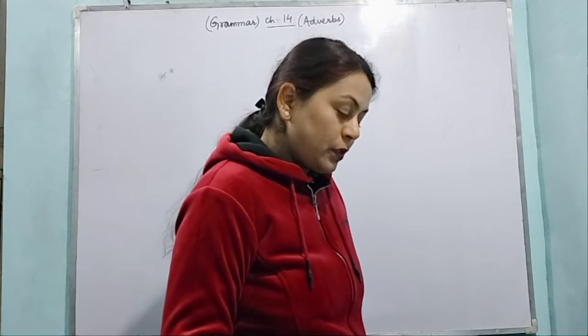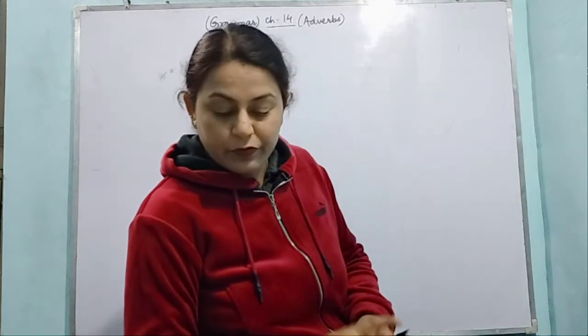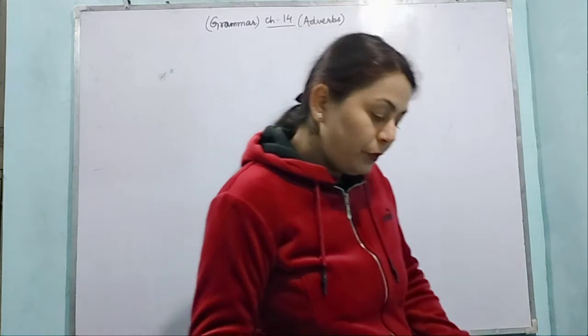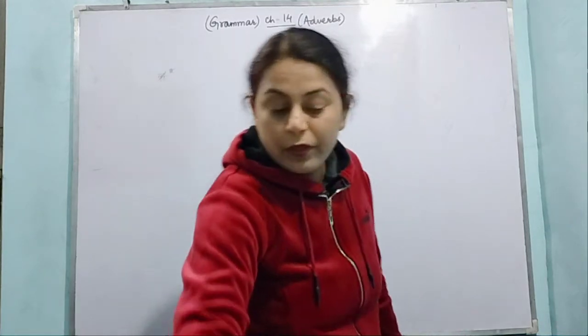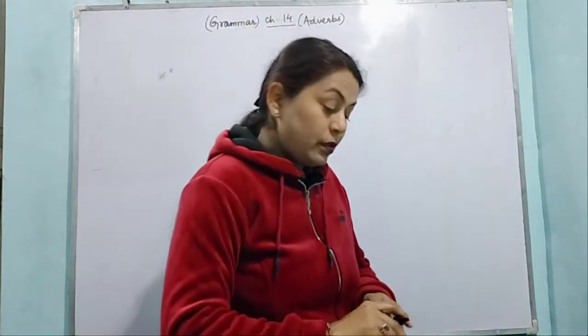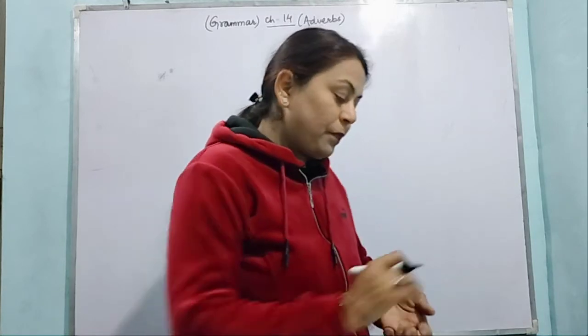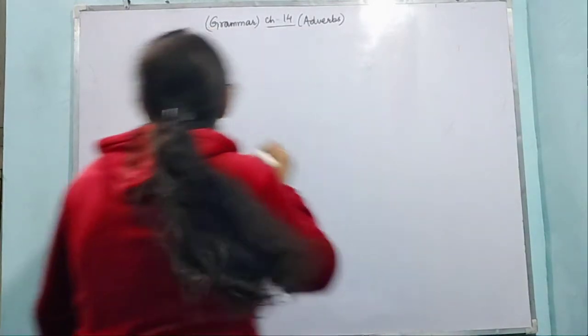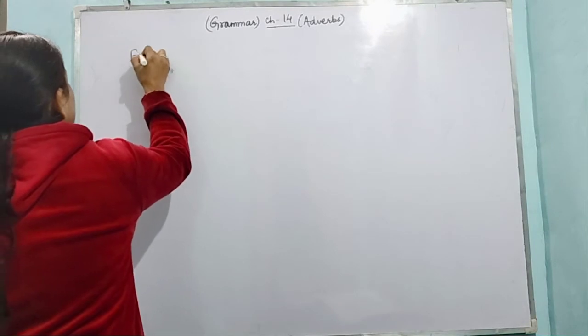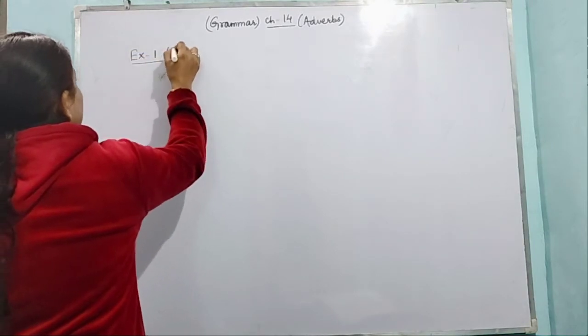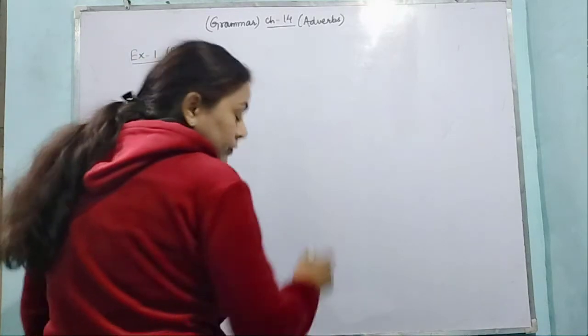Also underline the words modified by the adjectives or adverbs. Means here we have to mention the word modified by the adjective or adverb. First one is exercise number 1. It's on page number 82.